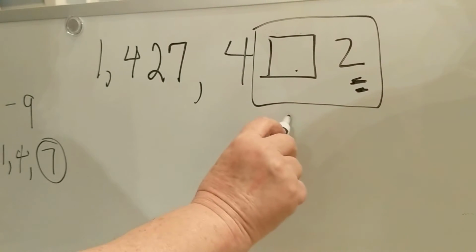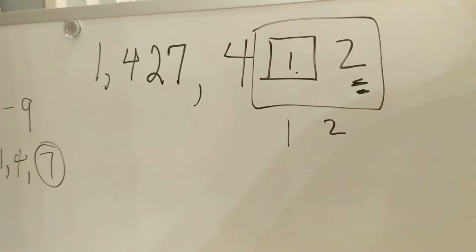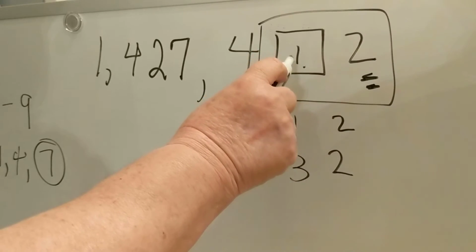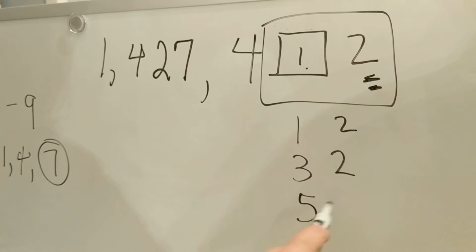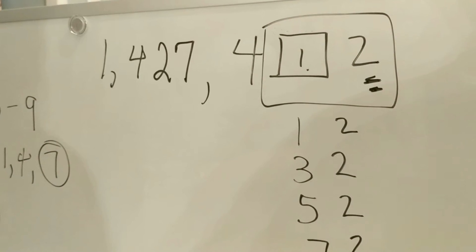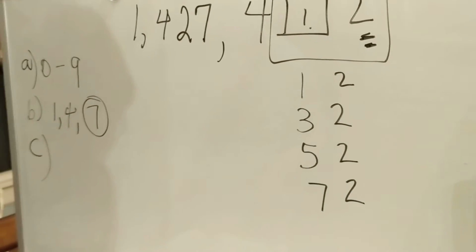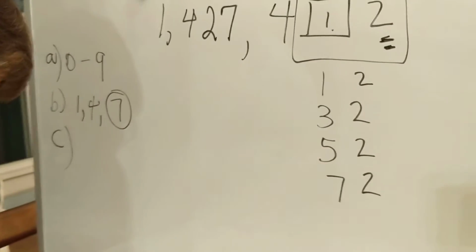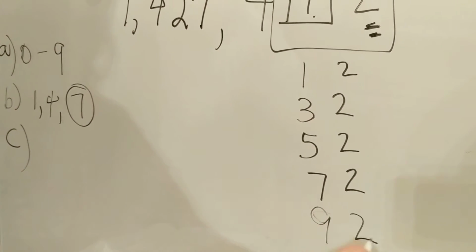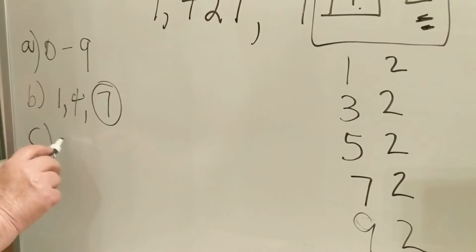So 0 won't do, 1 will, because that would be 12. 2 won't do, 22 is not it. 32 works, so it could be a 3. 42, how about 52? 62, 72, 82, 92. I think that we have this one here. Let's see, 92 will work. So the numbers that will work there are 1, 3, 5, 7, and 9.